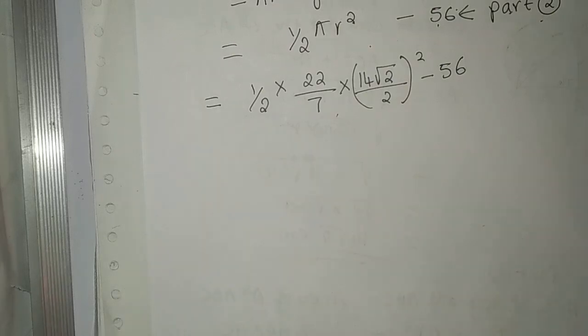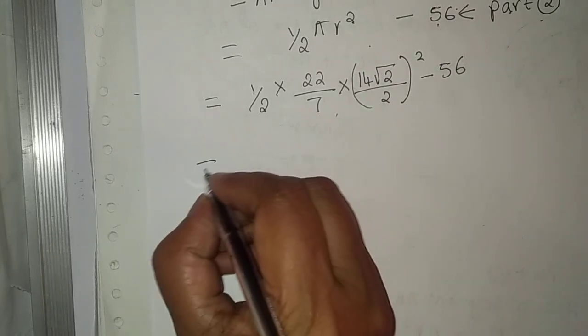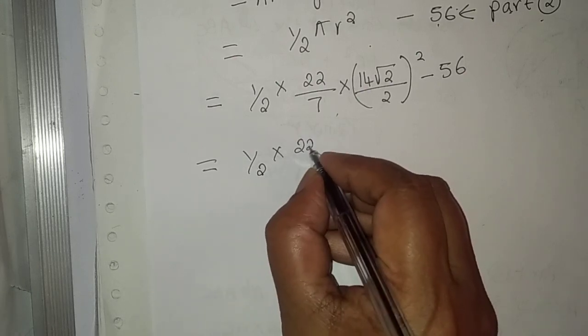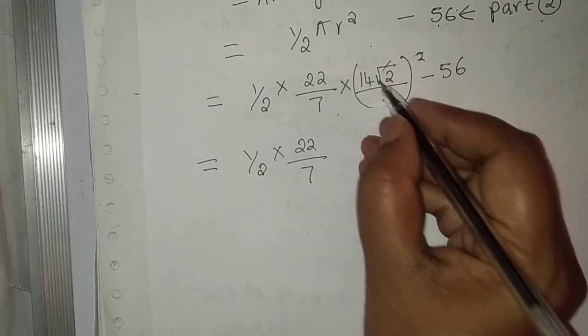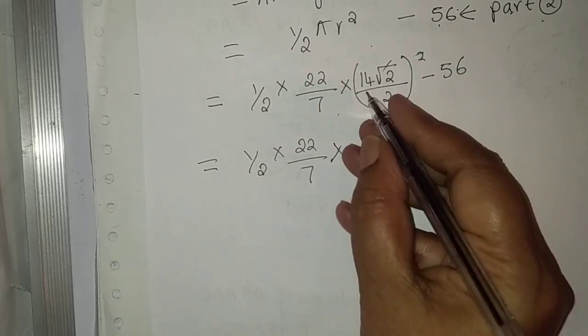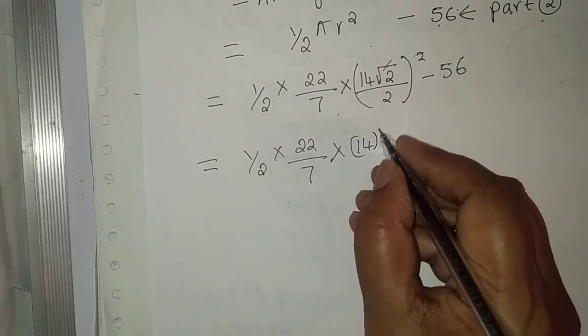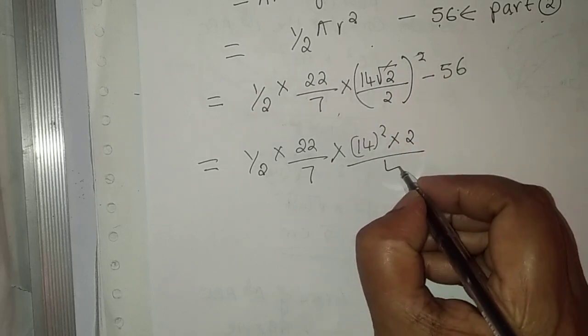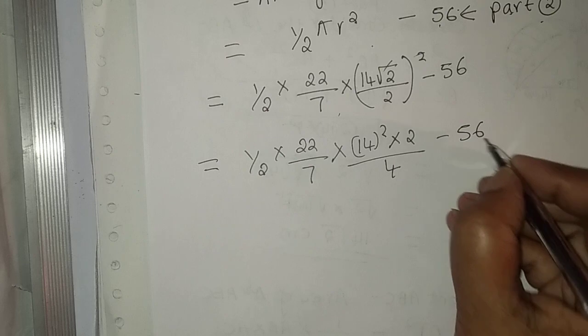So now simplifying this, we have half into 22 by 7, this one 2 cancels here, then 14 square will be, this will be like this, 14 square into how much, that is 2 by 4 minus 56.